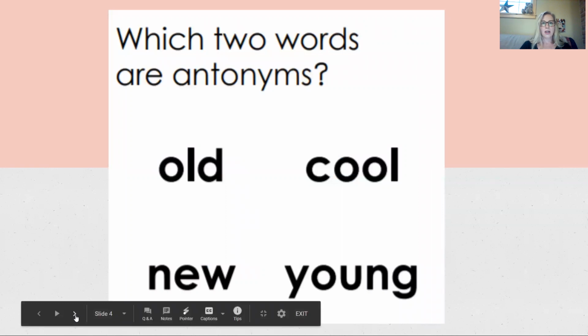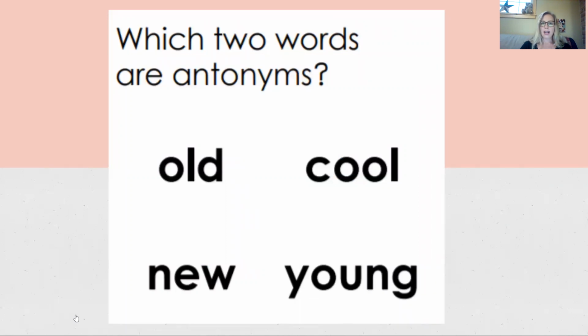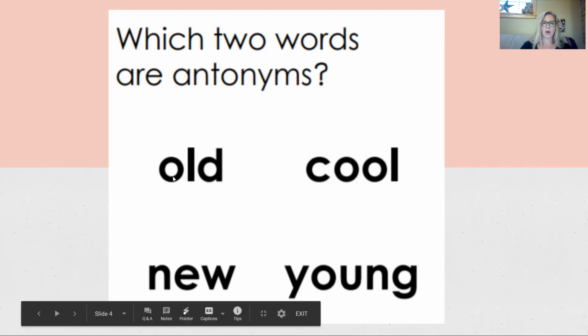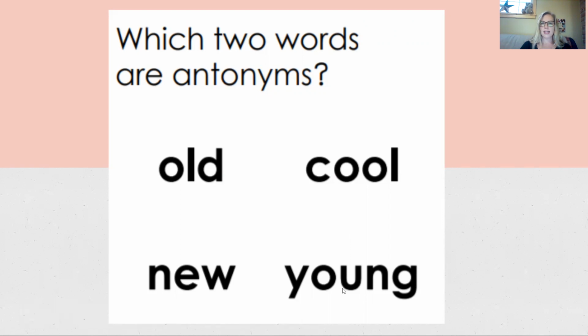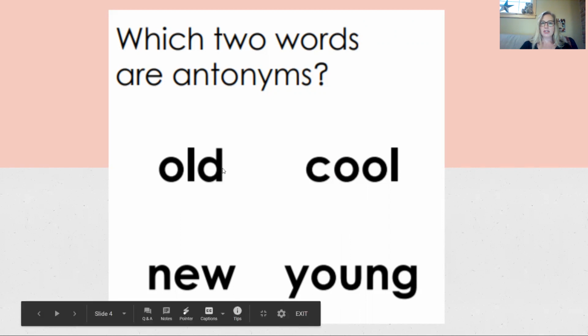Now it's your turn. Which two words are antonyms? Can you find them? The words are old, new, cool, young. Which two words are the antonyms? You could do old and young.